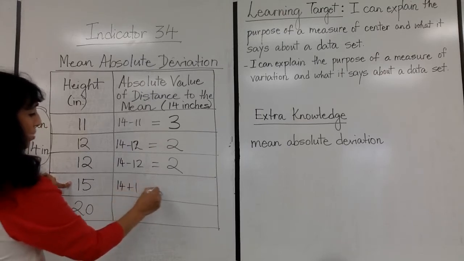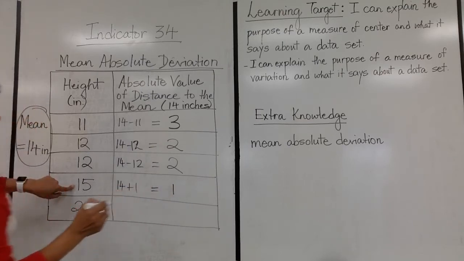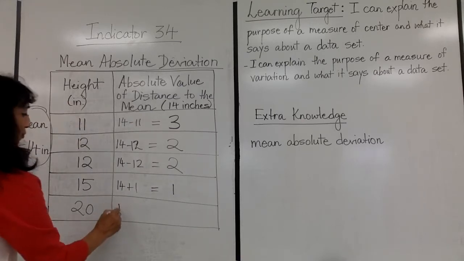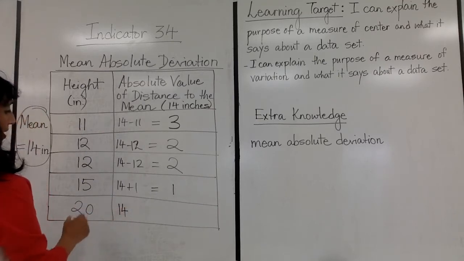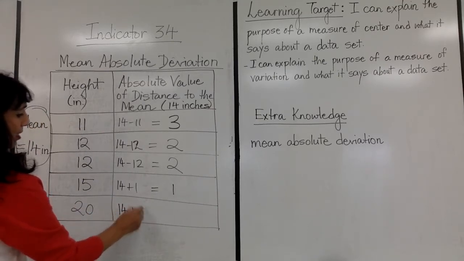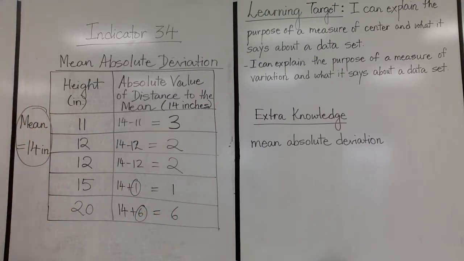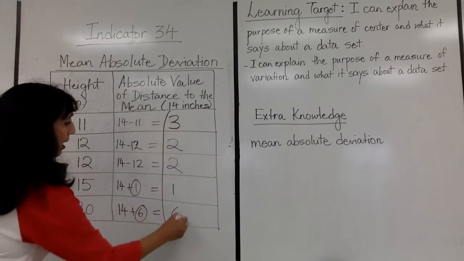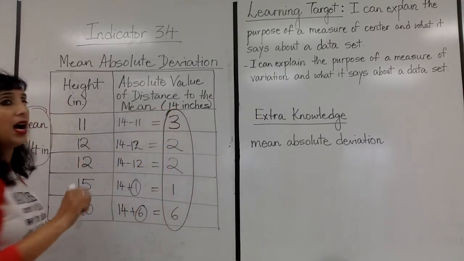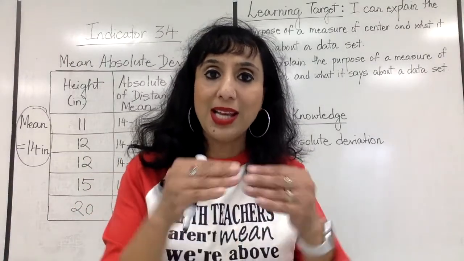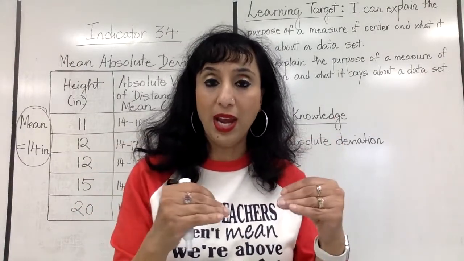So the distance from 14 to 15 is 1, and the distance of 14 to 20 is 6. So now these are my numbers that are deviating. Deviating means moving away from the mean. That's how far they are from the mean.